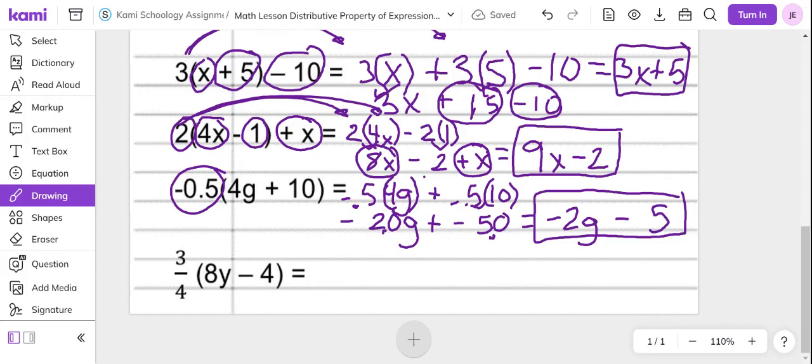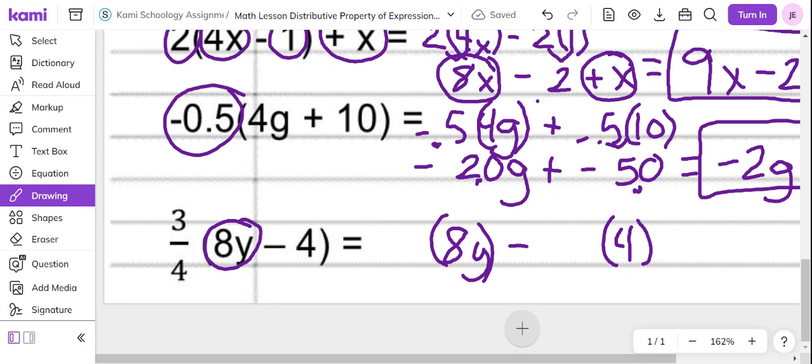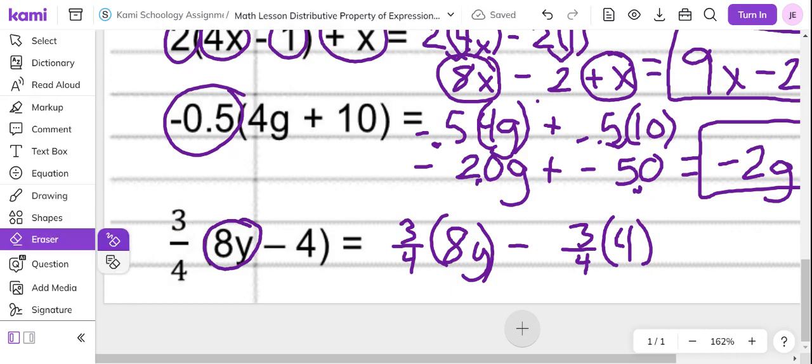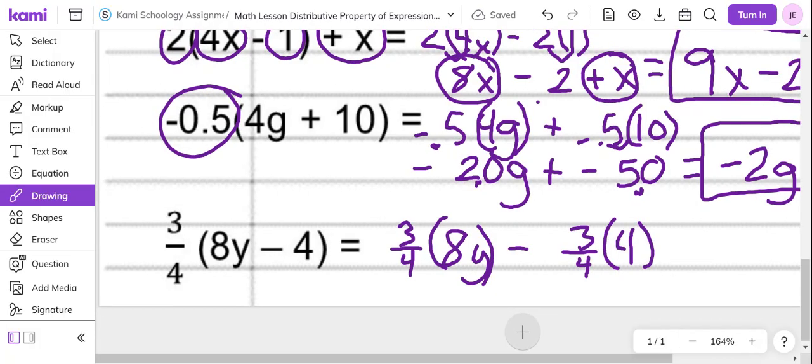All right, and then this also works even if you have a fraction on the outside. The fraction is a factor of 3/4. So we're going to start with separating the terms. So we have 8y minus 4. Give each one of them their own parentheses and their own factor, 3/4. So now we have distributed the factor to both of the terms inside the parentheses, and we're going to multiply 3/4 times 8.